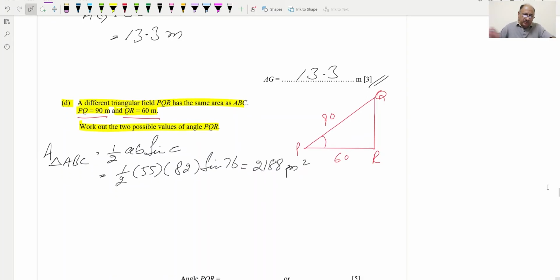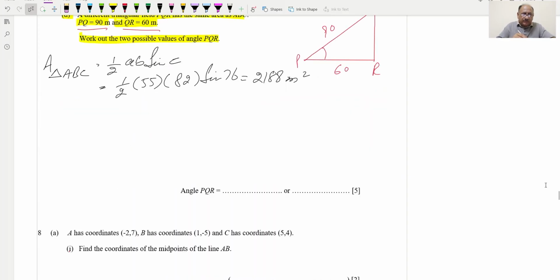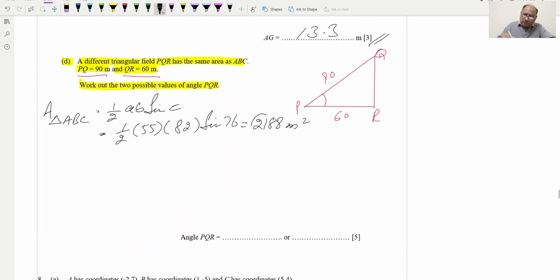Now we know that the area is given, the area is the same, so this triangle has the same area, so we will write area is equal to half into AB sine of P. We are considering this triangle.